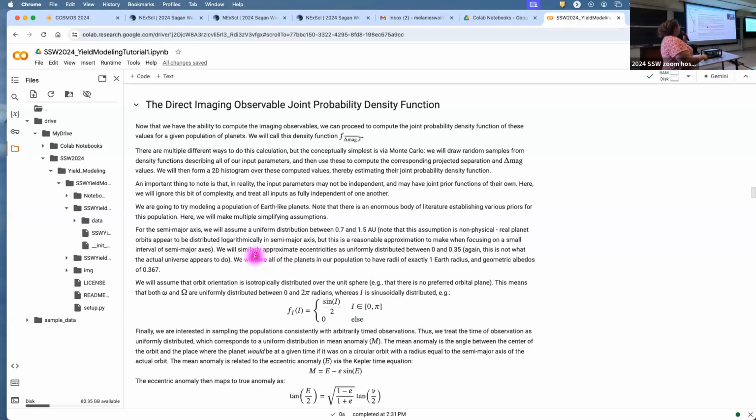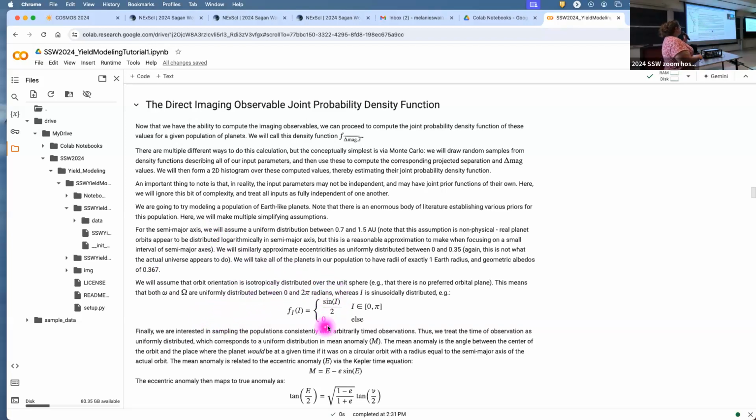And we're going to assume eccentricities that are uniformly distributed between 0 and 0.35. The reason we go to 0.35 is a historic number out of RV data, back when RV mostly only detected large planets. And we're going to use a geometric albedo of 0.367.